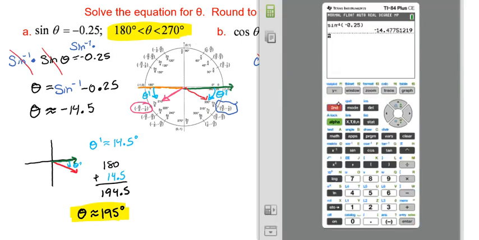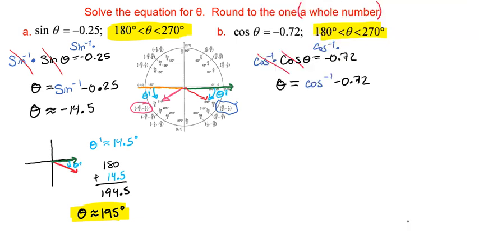So we'll plug that into our calculator. So inverse cosine of negative 0.72, and that's going to give us a value of 136.05. So here theta is going to be approximately 136.05 degrees. Notice that that does not live inside of our range.